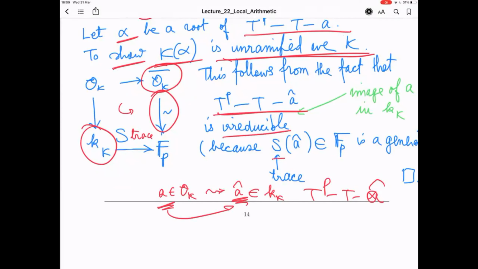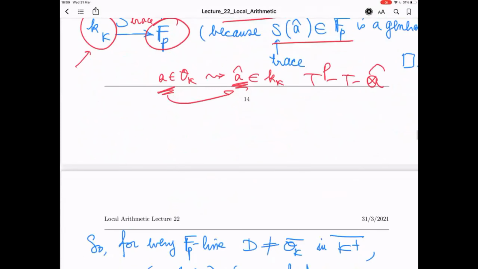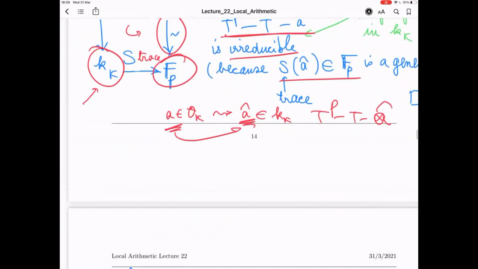But that is more or less by construction, because this polynomial is irreducible over this finite field if and only if the trace of a is not zero.